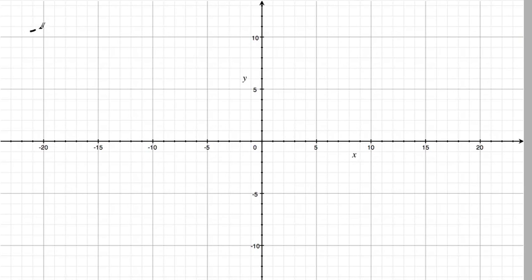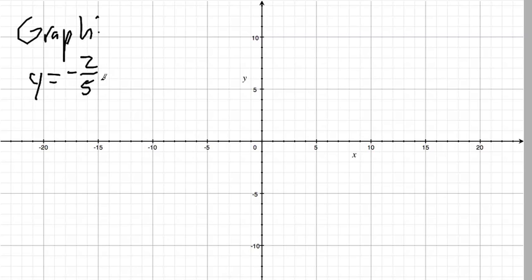So what we had was y is equal to negative 2/5 x plus 2. Well, this is the y-intercept, so that means that's where we hit the y-axis, at 2.